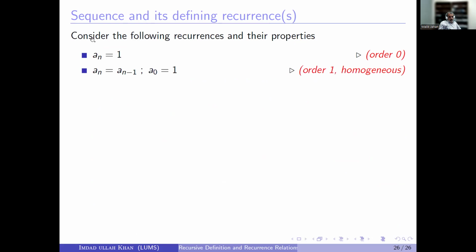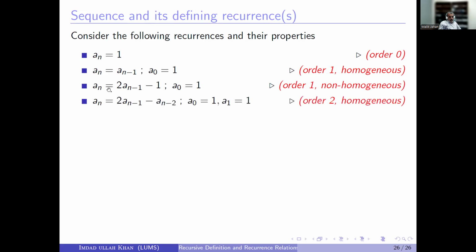So consider the following recurrences and their properties. An is 1, so it has order 0. An is an minus 1, so this is dependent only on the previous one, so its order is 1. An is 2n minus 1 is not a homogeneous recurrence relation, because this one is a constant, a separate term, and its corresponding term has 0 power over here.